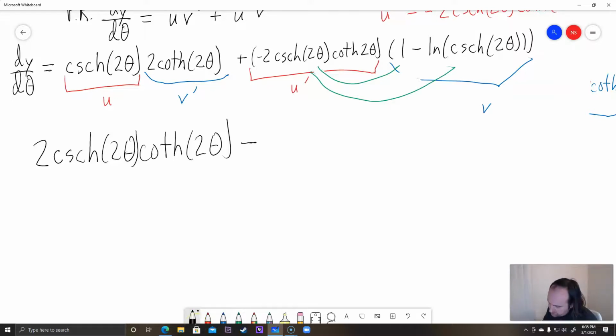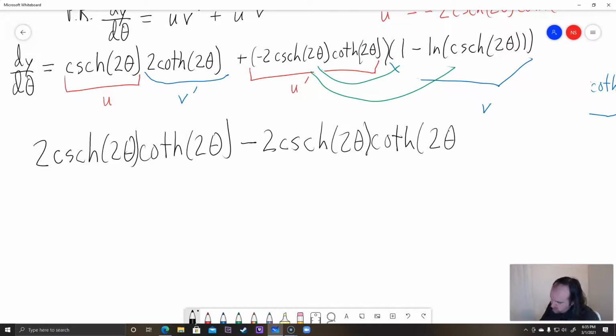So for the first term, we're going to have minus 2 cosec of 2 theta coth of 2 theta. Sorry, it's getting difficult to write this small. Maybe I should zoom in again. Okay, so for that first term, we have negative 2 cosec of 2 theta coth of 2 theta.